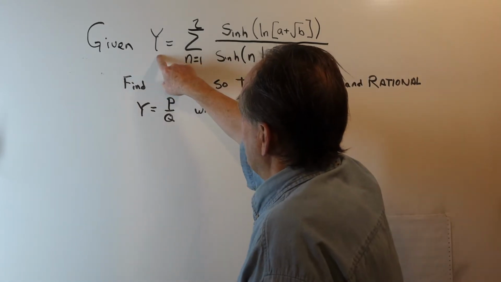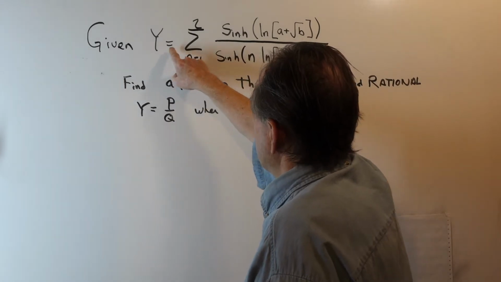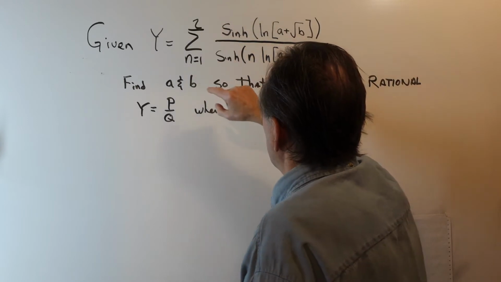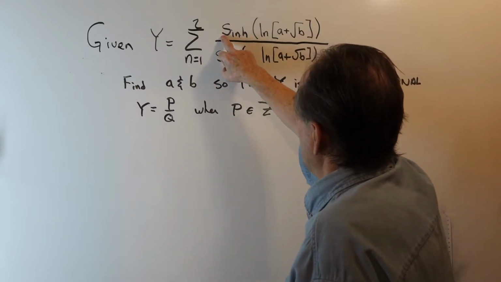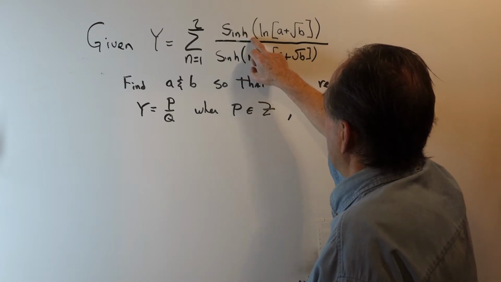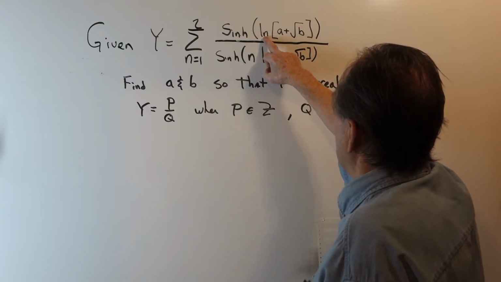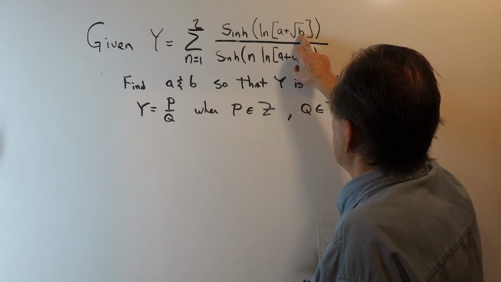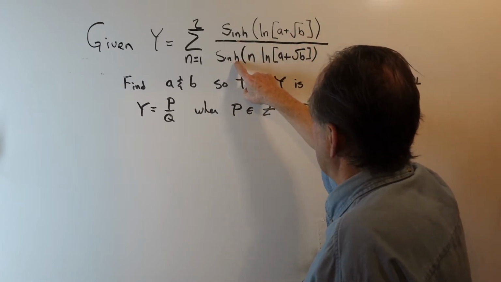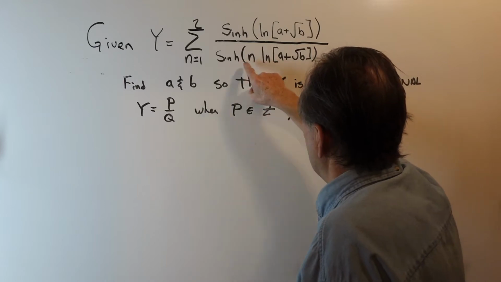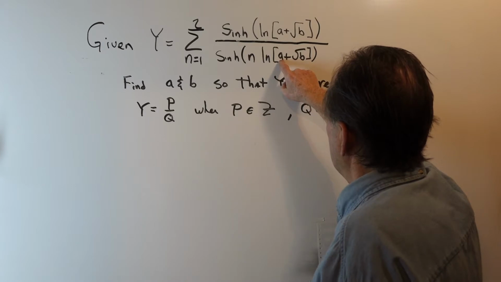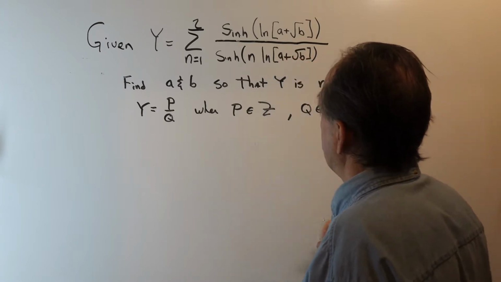Given the number y, which is a sum from the index n equals 1 to 2 of, in the numerator, the hyperbolic sine of the quantity, the natural log of a plus the square root of b, divided by the hyperbolic sine of the index n that we're summing over times the natural log of a plus the square root of b.